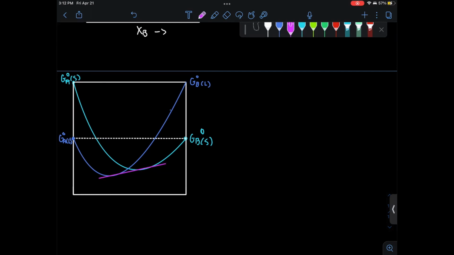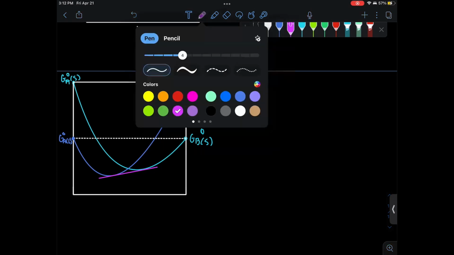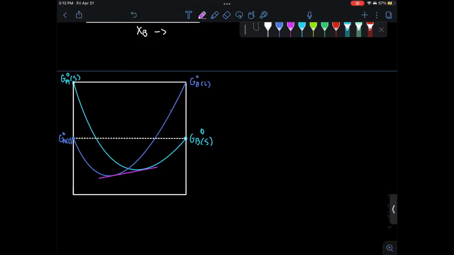Now look here, I can draw my common tangent just like anything else. This splits up my regions now. And it looks just like how it does in the graph.